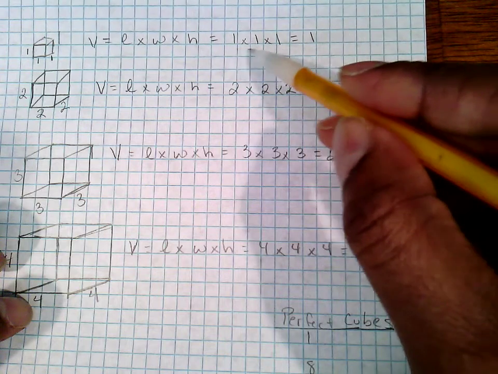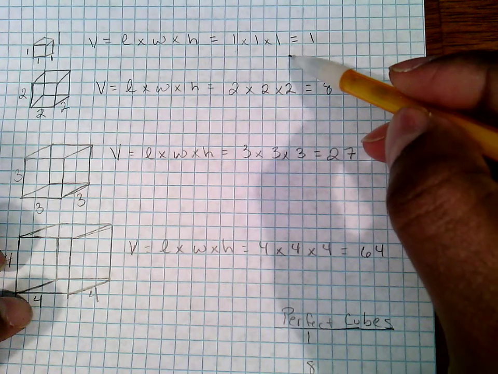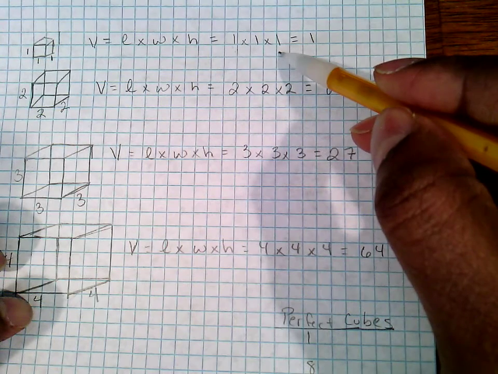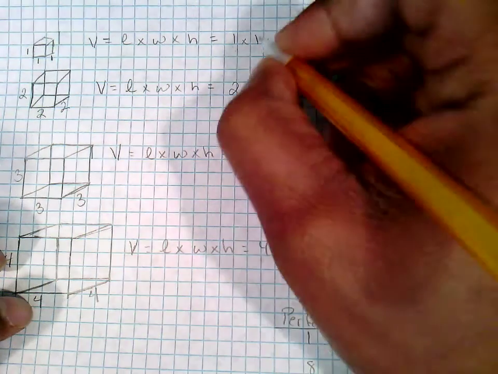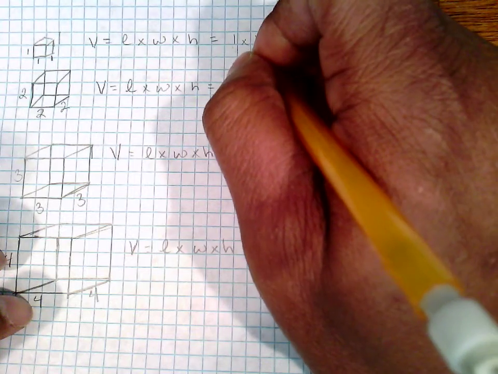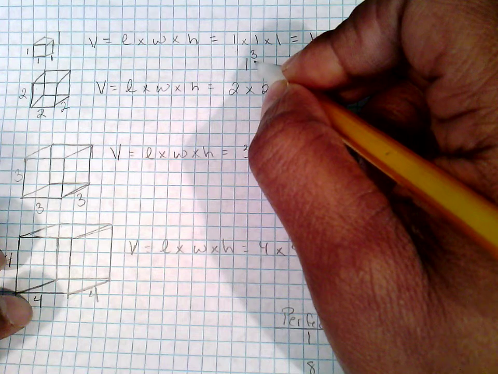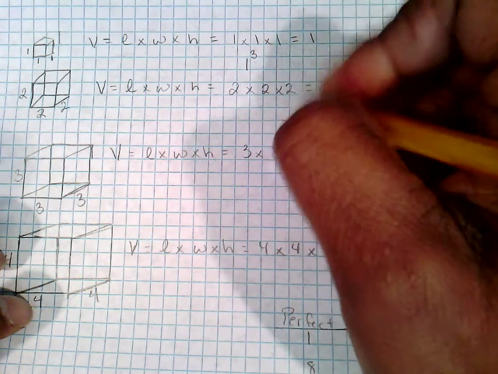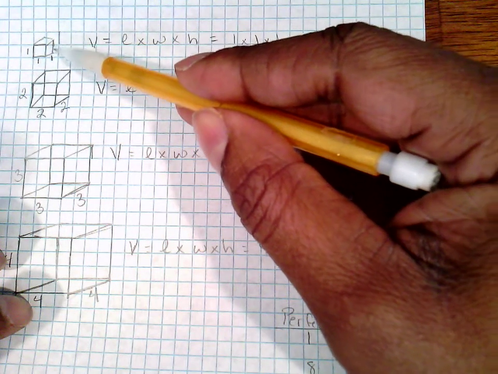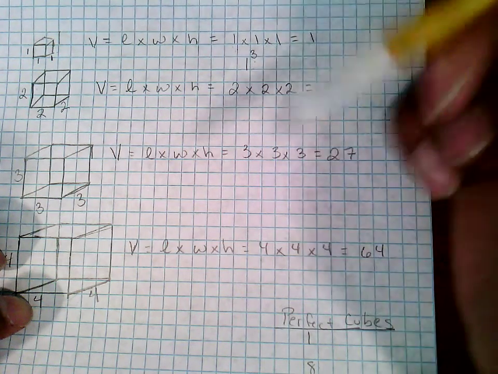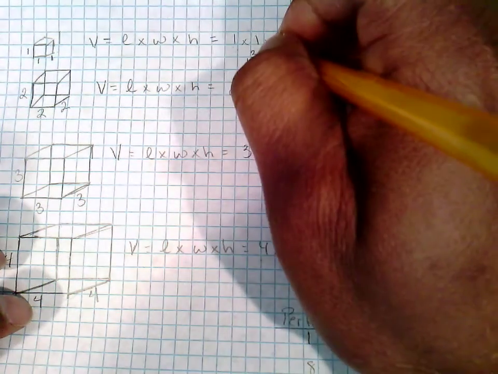Here we have 1 times 1 times 1, where the length, width, and height are all 1. If we rewrote this as an exponential expression, that will come out as 1 to the 3rd power. Since we take 1 and multiply it by itself 3 times and are able to create a cube from that, another name for raising to the third power is called cubed.